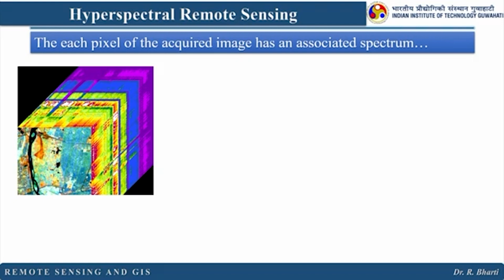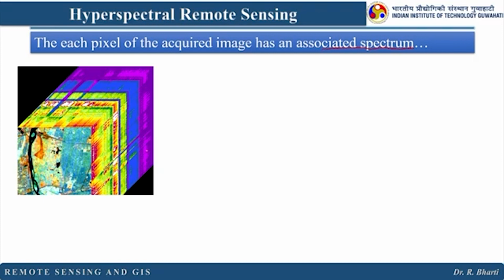Now, in the next case we are using this hyperspectral remote sensing data. Let us understand how remote sensing is divided into different image forms: panchromatic, multispectral, hyperspectral and then ultraspectral. If we look at hyperspectral remote sensing, each pixel of the acquired image has an associated spectrum, right.